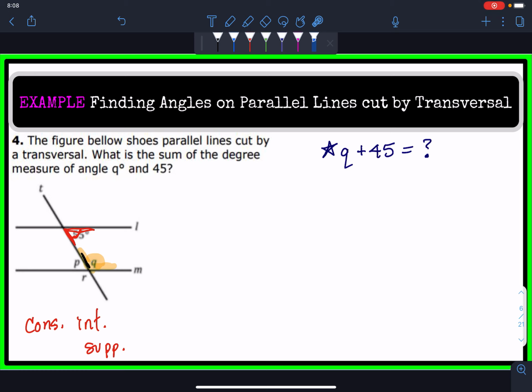Or an easier way of explaining this is that because we have an acute angle and an obtuse angle, they're not going to be equal to each other, but instead add up to 180 degrees. So if I get the value of Q and add it with 55, I know that has to equal 180 degrees. So subtracting 55 from the 180, we find that the value of Q is going to equal 125.